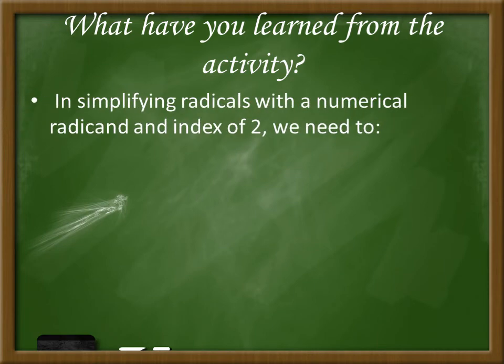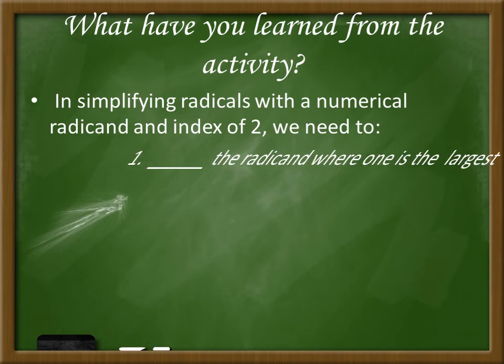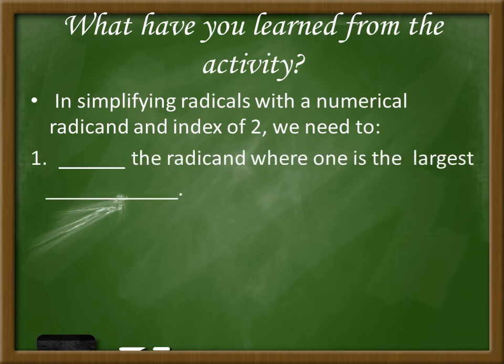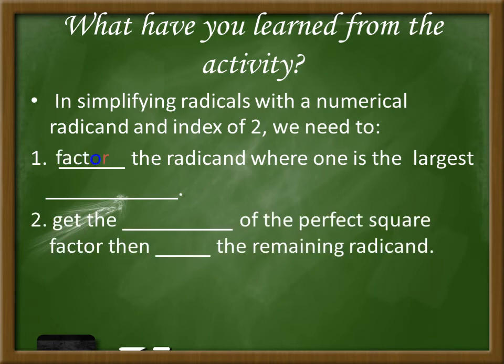So in simplifying radicals with numerical radicand and index of 2, we need to factor the radicand where 1 is the largest blank. So, what is that blank? It is a perfect square.